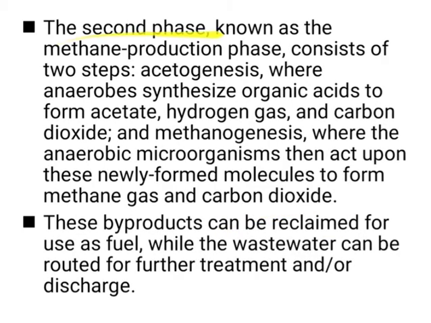In the second phase, the methane production phase, there are again two steps. First is acetogenesis, where anaerobes convert the organic acids to form acetate, hydrogen gas and carbon dioxide. The second step is methanogenesis, where the anaerobic microorganisms act upon these newly formed molecules to form methane gas and carbon dioxide.